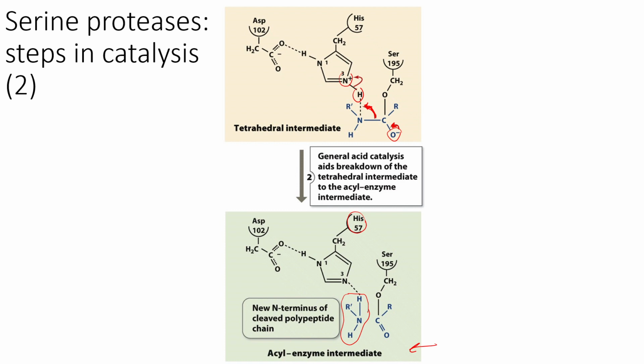But we do still have covalently bound to the enzyme our new C-terminal end, right? We have this covalent bond that the carbonyl carbon has formed with our serine that's part of the catalytic triad. So for the enzyme to reset itself and also to detach the other half of this protein, more things have to happen, right?